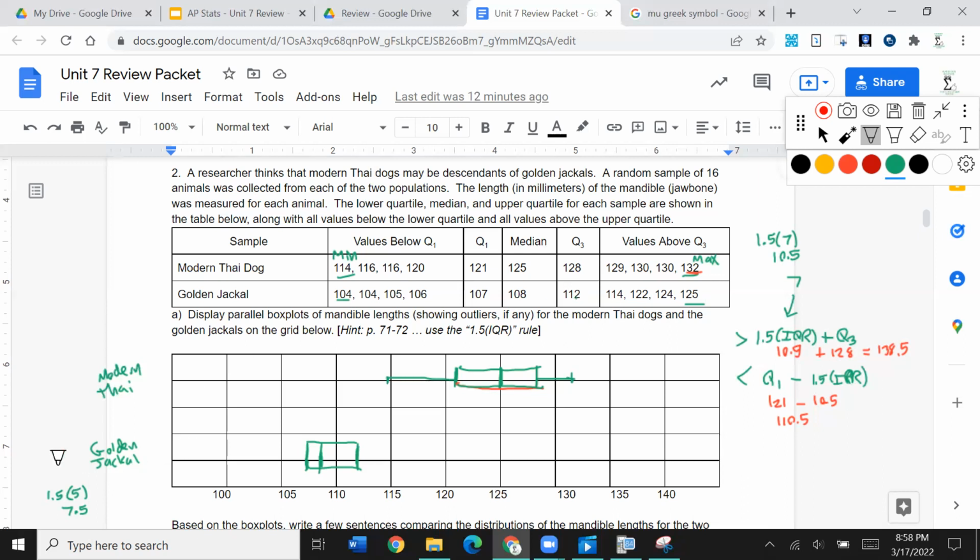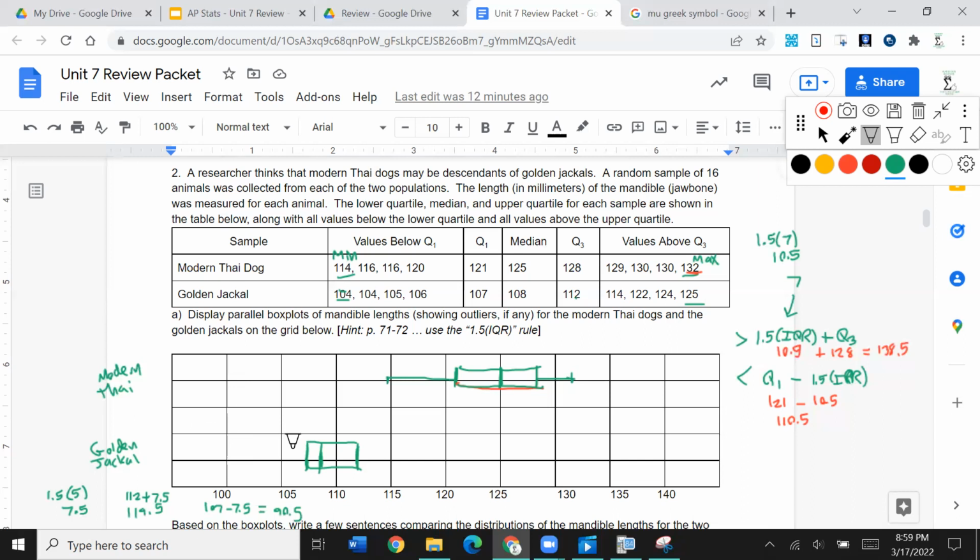So anything above 112 plus 7.5, that's going to be 119.5. And anything below 107 minus 7.5, so we're talking 90.5. So I don't have any lower outliers.